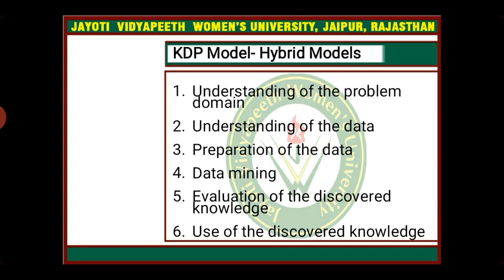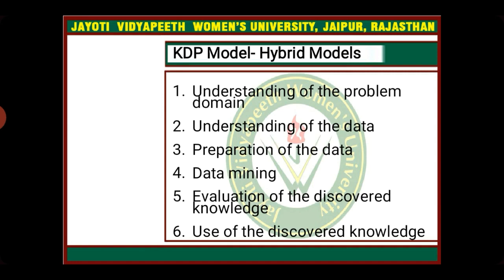So, this model emphasizes the iterative aspects of the process, drawing from the experience of users of previous models. It identifies and describes several explicit feedback loops. First is from understanding of the data to understanding of the problem domain.